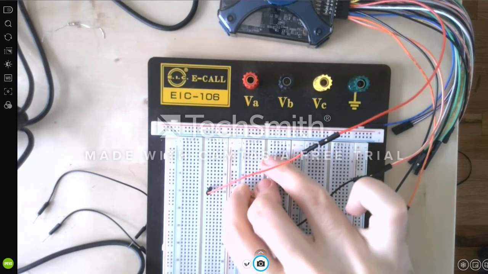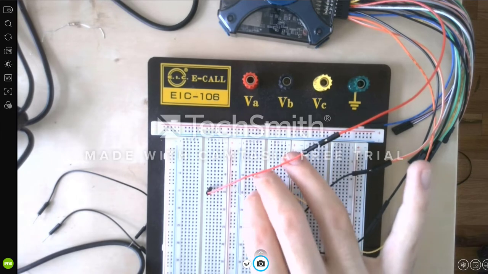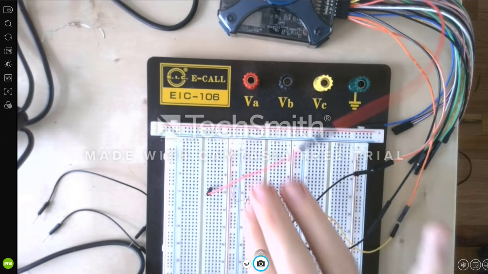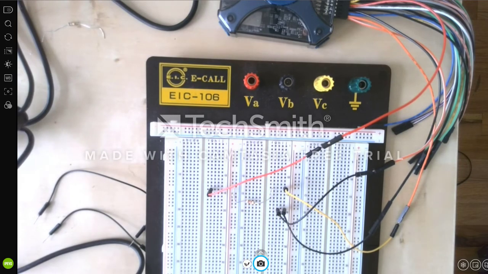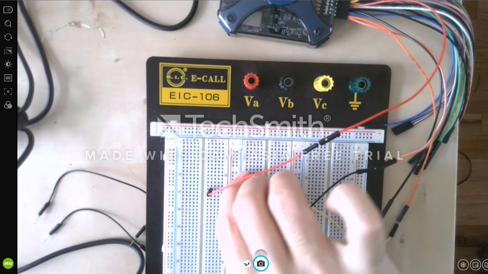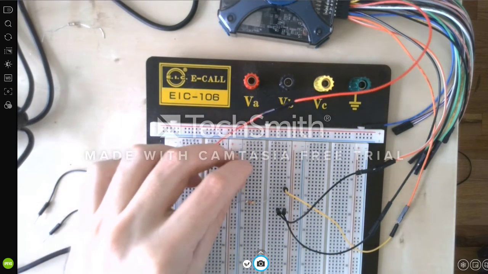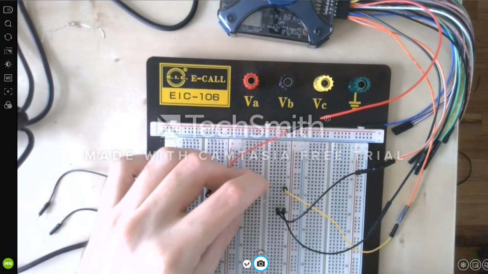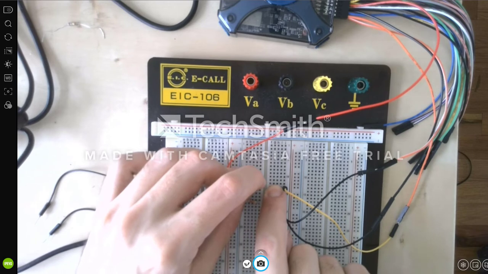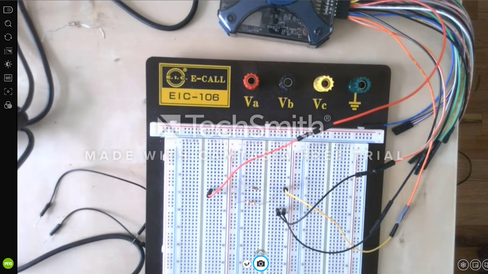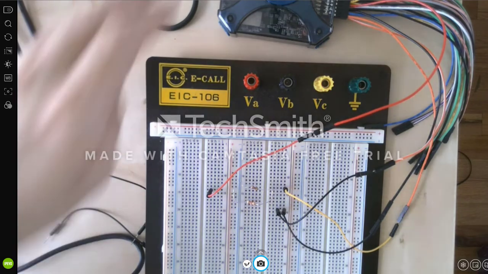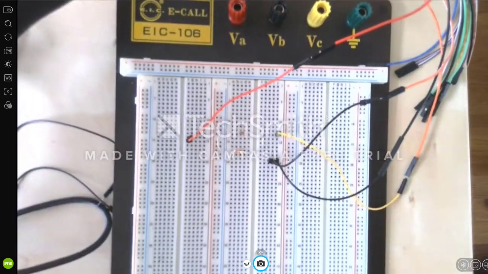Let's put them here, and 1.2K. And always make sure that the resistor cables are not touching each other.